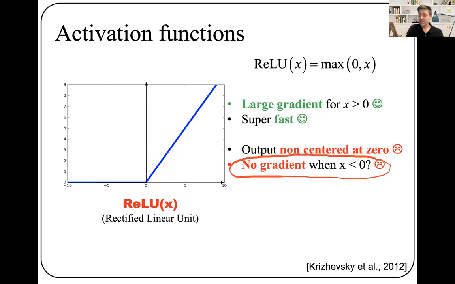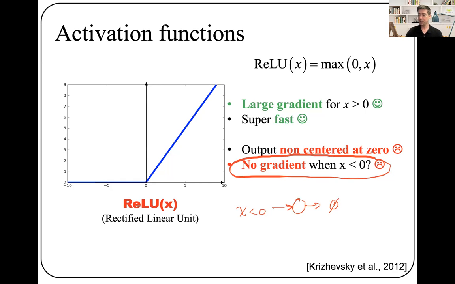Okay, and the main problem of this is that, for example, let's say we have a neuron with a ReLU. Once you give a negative value, let's say x less than 0, the output of this function will be 0, and the gradient of this function will be 0.